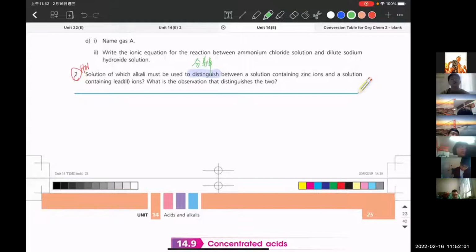One solution contains zinc ion, the other solution contains lead-2 ion. Both solutions are colorless originally, so it's quite hard to distinguish based on observation alone. You need to do a test by adding an alkali. So what is that alkaline and what's the observation? You know the questions, okay?